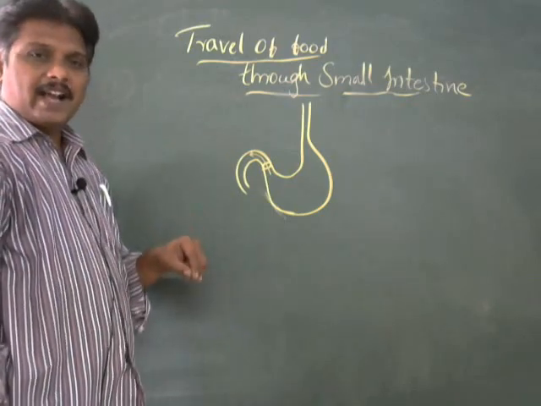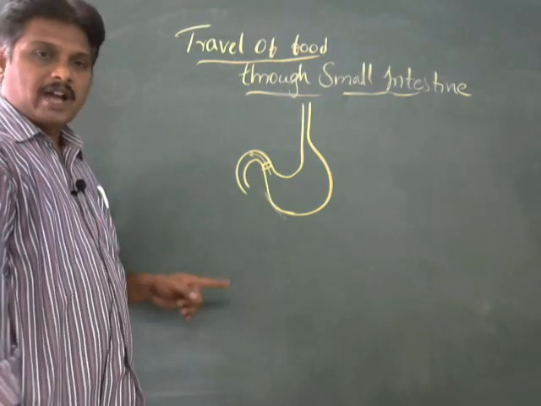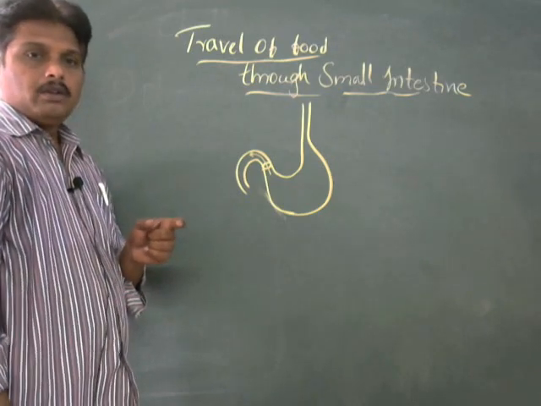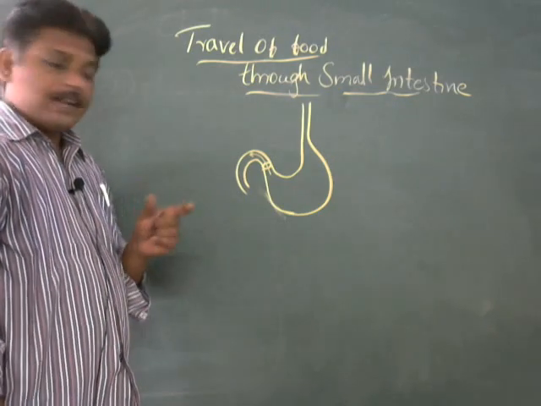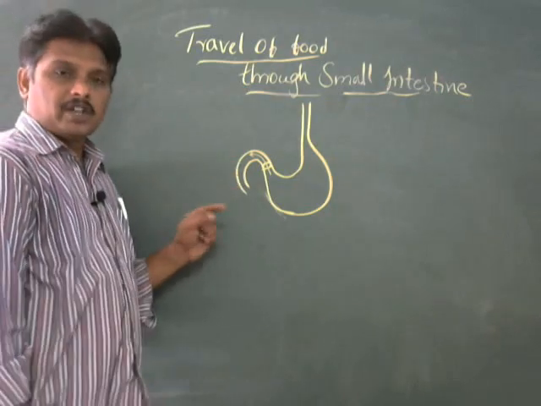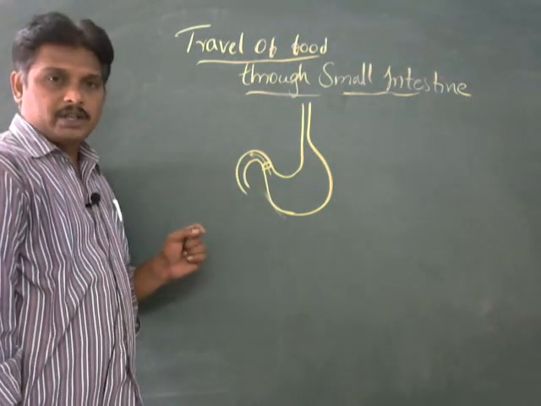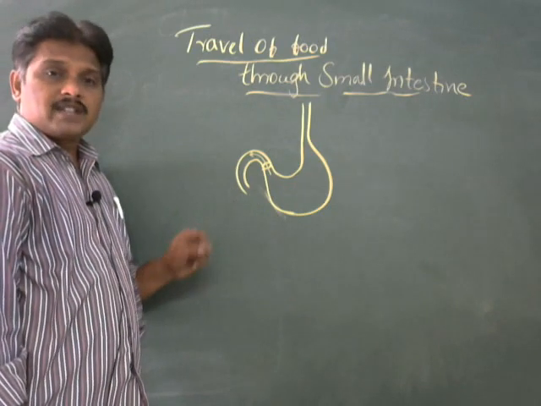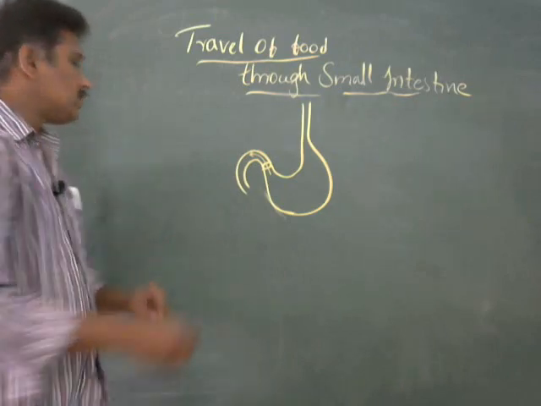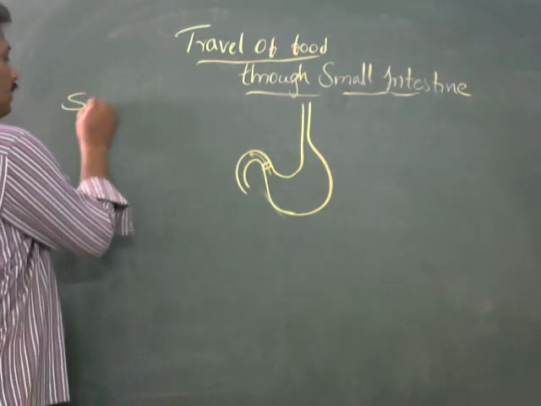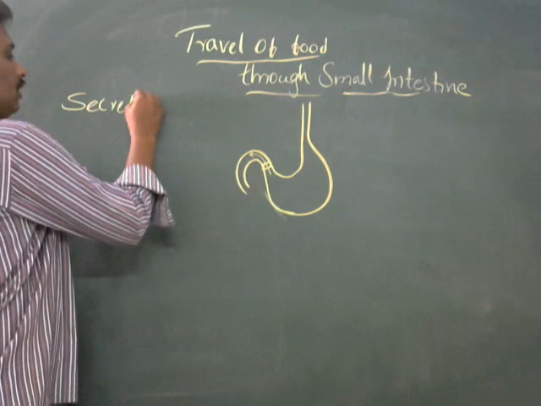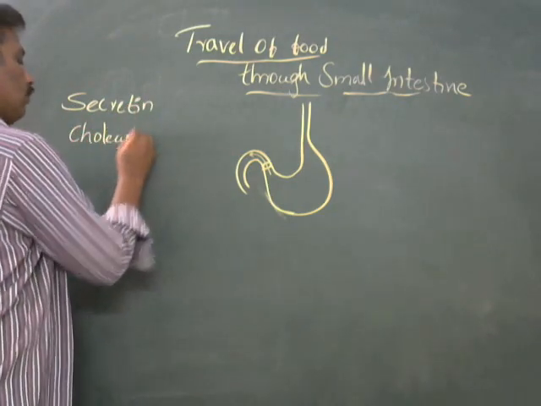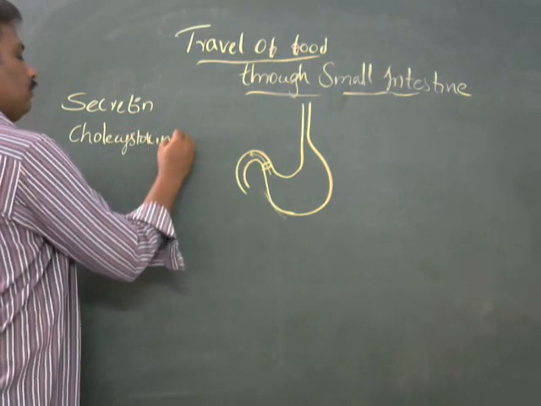When this acidic chyme enters the small intestine, the acidity is recognized by the nerve cells present in the wall of the small intestine, which give a signal to release two hormones, secretin and cholecystokinin.